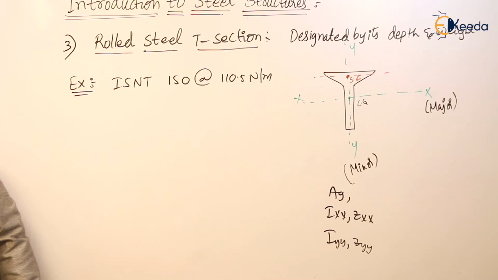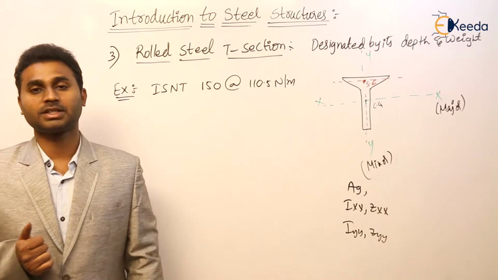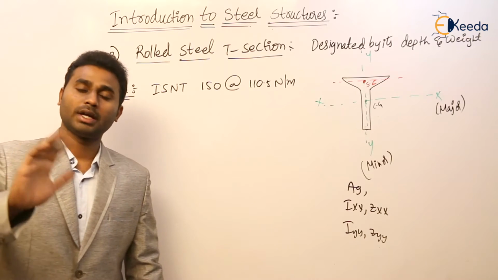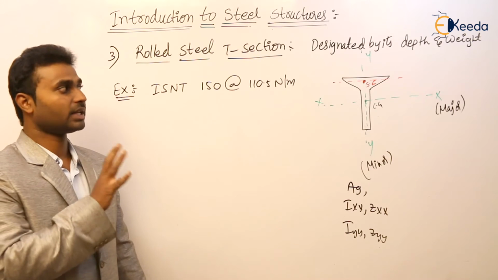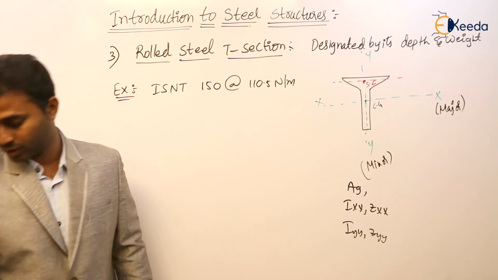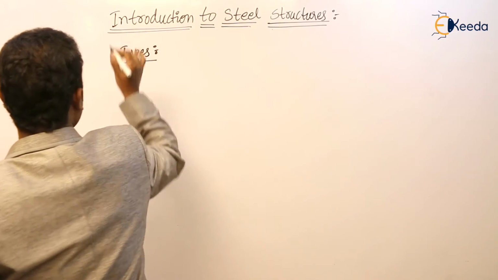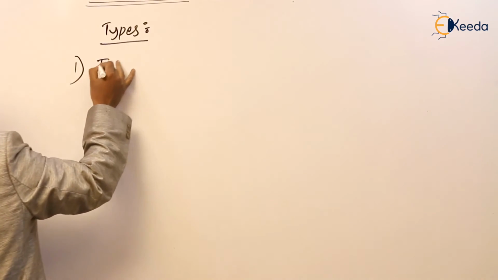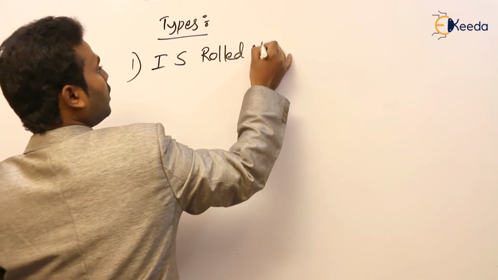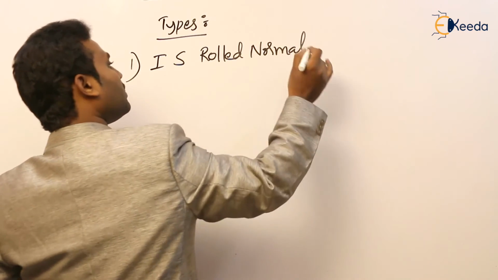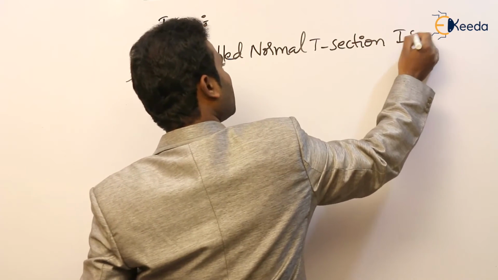Now let us see the types of T sections that are manufactured, as we discussed the types of channels and types of I sections. In the same way, there exist some types of T sections. First, IS means Indian Standard rolled normal T section, represented with ISNT.